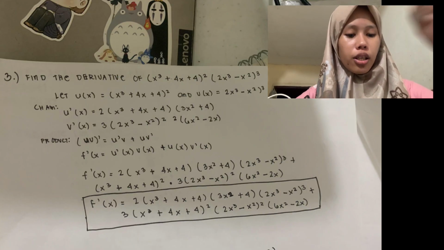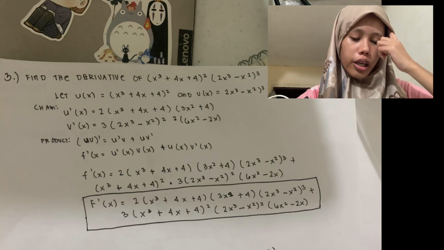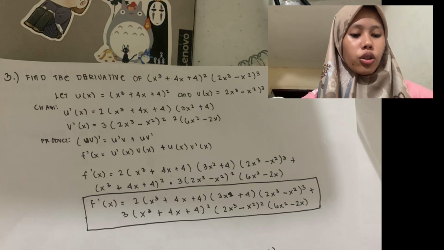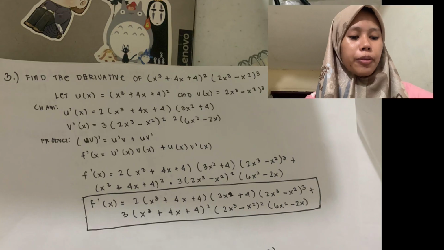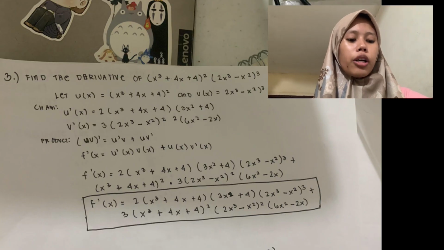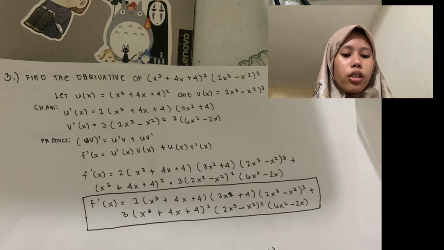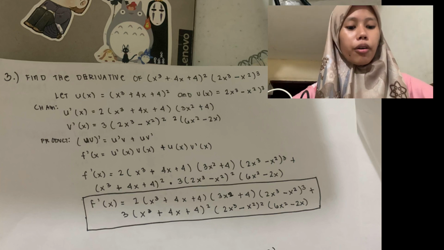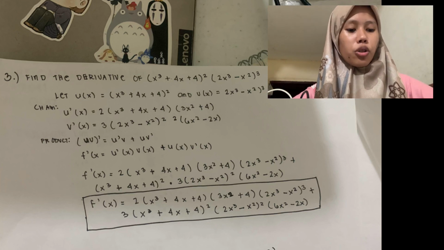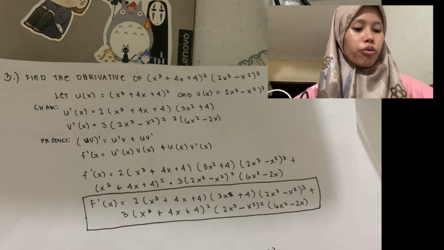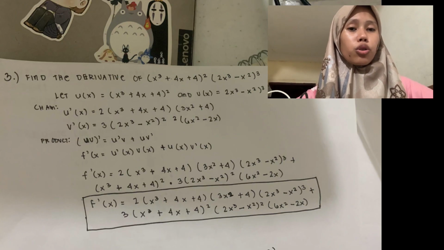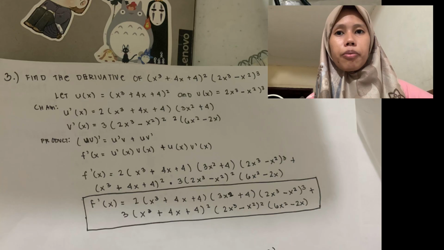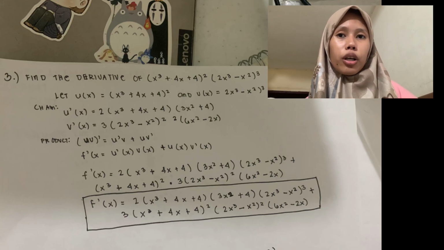So u'(x) is equal to 2 times (x cubed plus 4x plus 4) times (3x squared plus 4), and v'(x) is equal to 3 times (2x cubed minus x squared) exponent of 2 times (6x squared minus 2x). And then after that we will be applying the product rule.